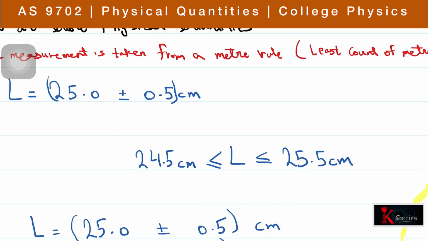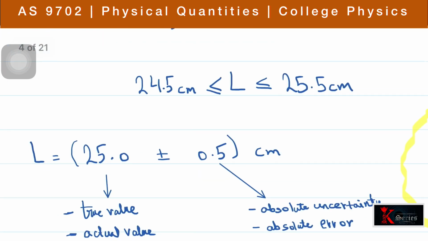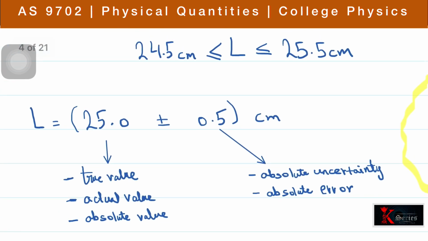So we'll always quote it as L equals 25 plus minus 0.5, because the 25 here indicates the true value or the actual value, and we also call it the absolute value, whereas the plus minus 0.5 indicates the absolute uncertainty, and we also call it absolute error. So we always quote it as L equals x plus minus change in x. The x here represents the true value, whereas the change in x represents the absolute uncertainty, as we saw earlier how 25 was quoted as 25 plus minus 0.5 centimeter.